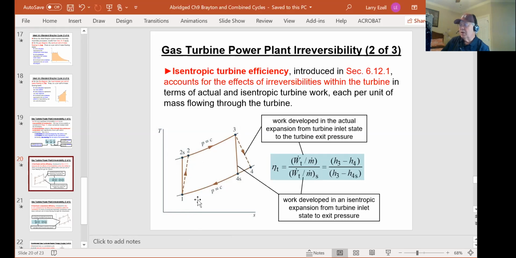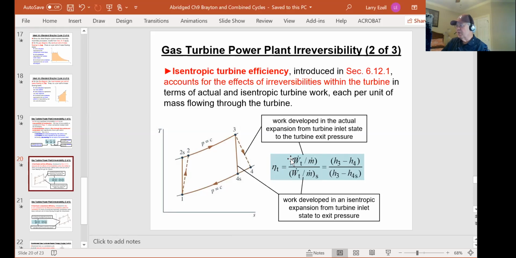So with the problems you work, you'll be given, well, let's talk about the efficiency. Now he's talking about the turbine here. And I like to use that eta sub TS, for turbine isentropic. I call it N, it's eta, it looks like an N, then script N, TS.